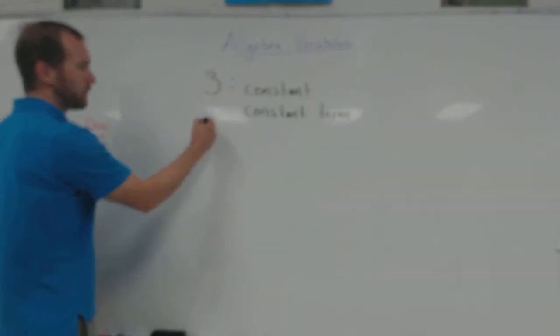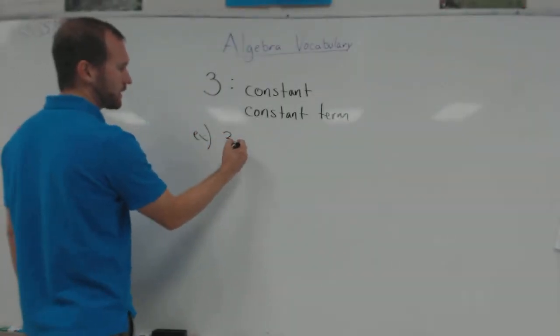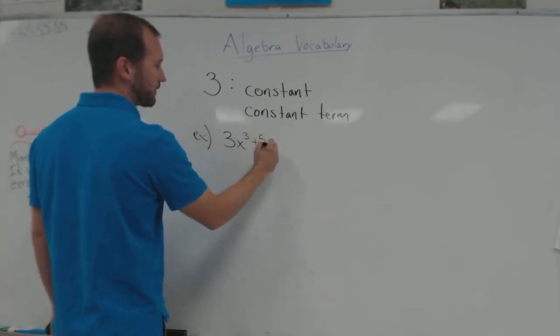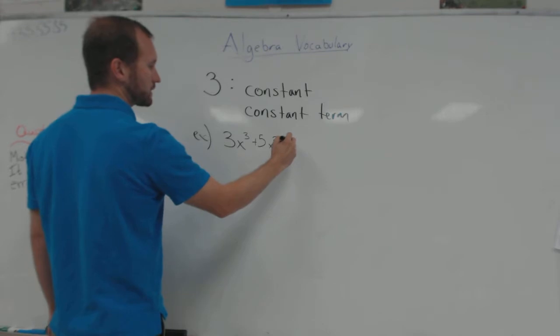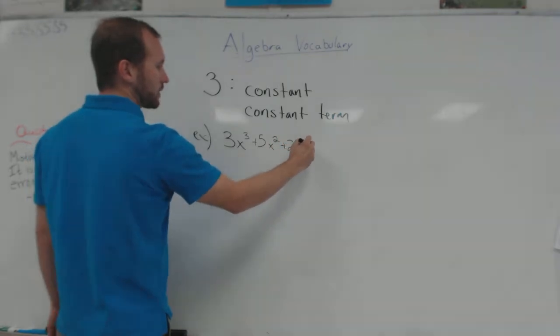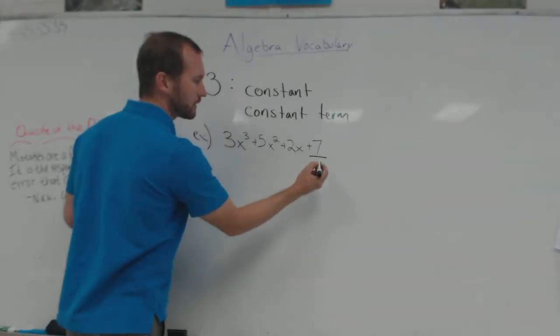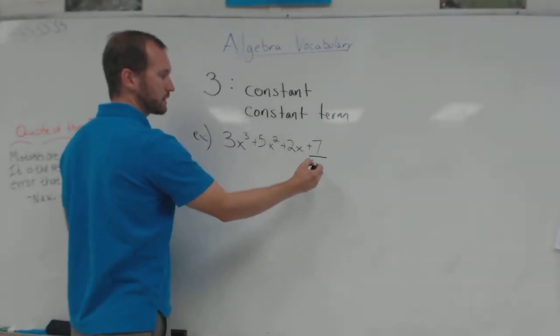So for example, when I say 3x cubed plus 5x squared plus 2x plus 7, we would say 7 is our constant.